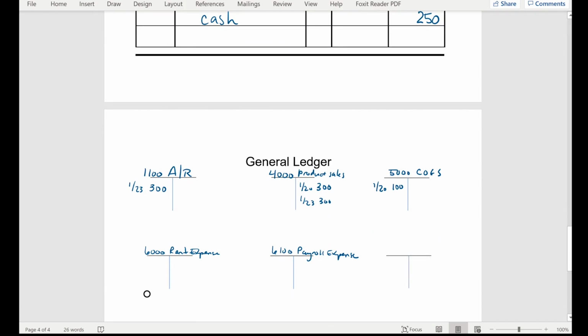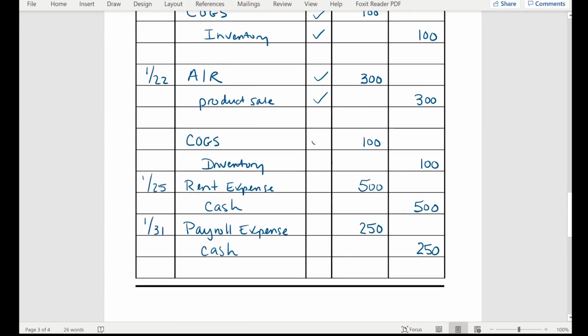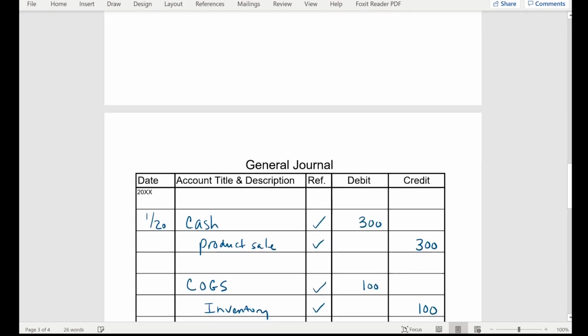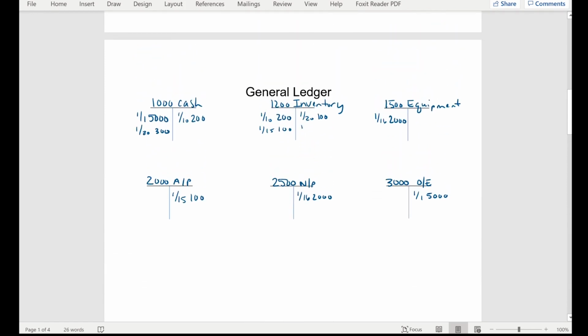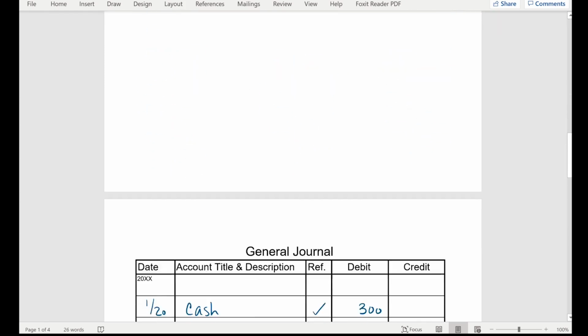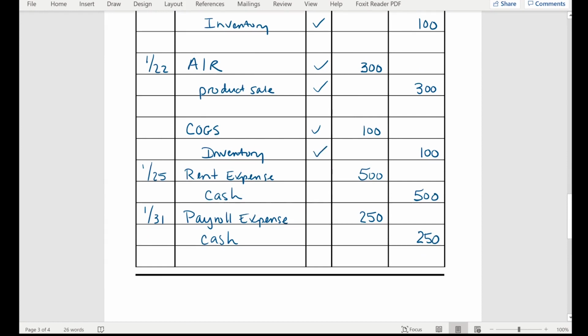So I'm going to go down and put in the date, debit COGS for $100. Go ahead and put a check mark in there, and then now I'm going to go up and I'm going to credit inventory for $100. And the date on that was the 22nd. Check mark there to note that that's been taken care of.